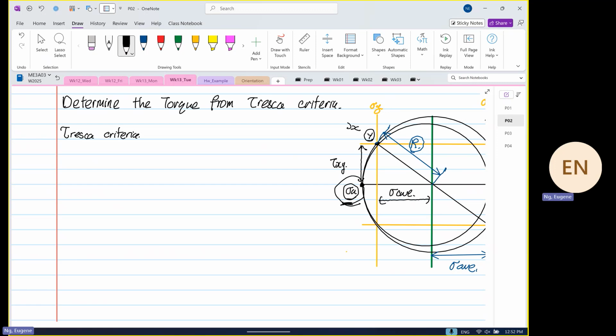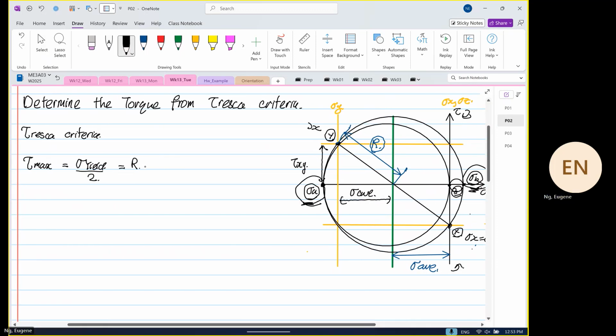we know that tau max is equal to stress yield divided by 2. And this is equal to our radius. The radius over here is also the same radius over here, and also over there.